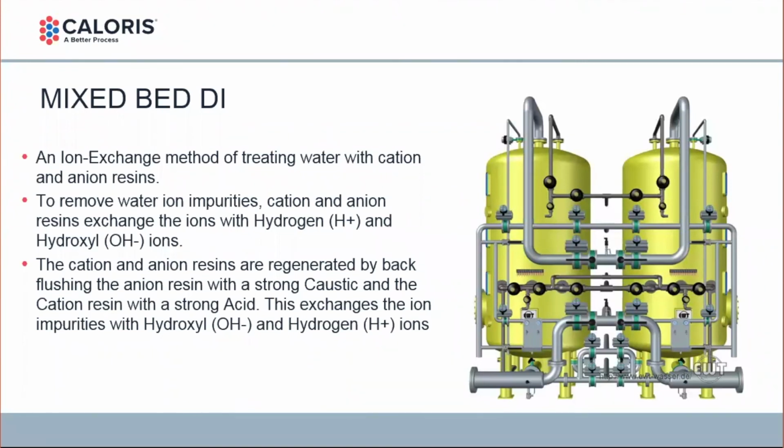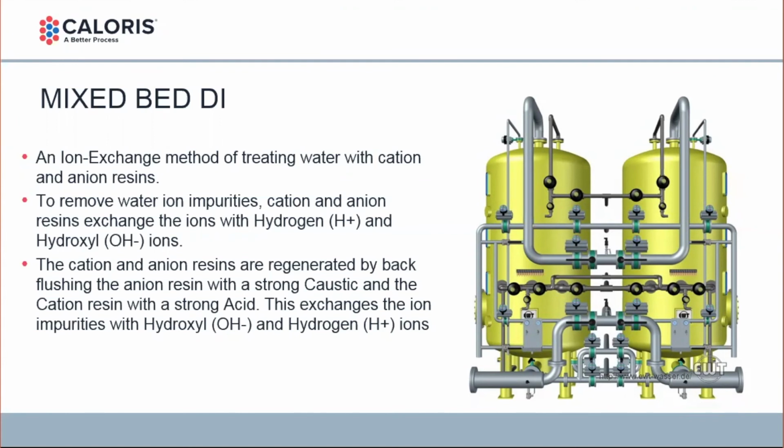A more complex process is the mixed bed DI. This is an ion exchange method of treating water with cation and anion resins. To remove the water ion impurities, cation and anion resins exchange the ions with hydrogen and hydroxyl ions.